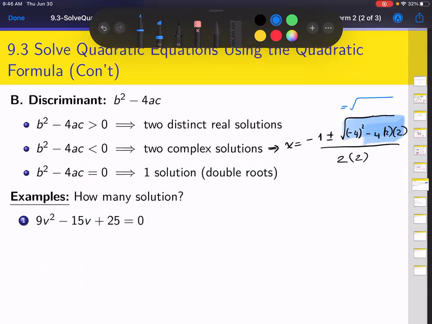What does the part under the square root equal? 16 minus 16, right? Which is the square root of 0, which is 0.